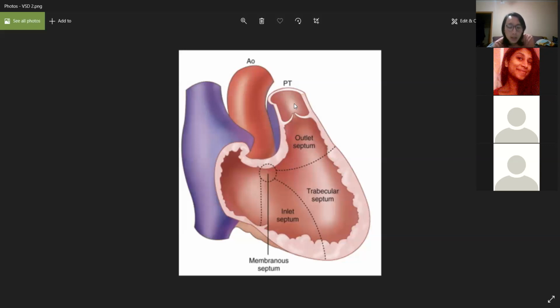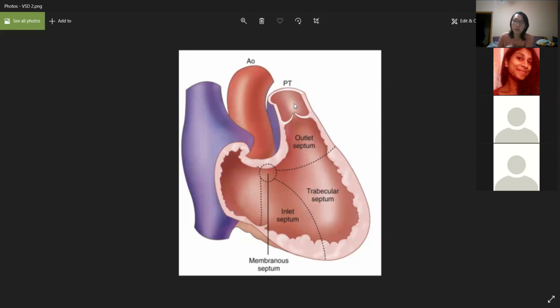But the main highlight that I would like to draw your attention towards, and it is specific to VSD, is a harsh pansystolic murmur or holosystolic murmur, the same thing, same name. Pansystolic holosystolic murmur at the lower left sternal border.